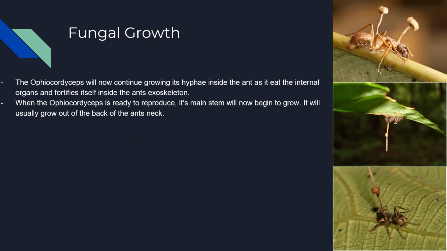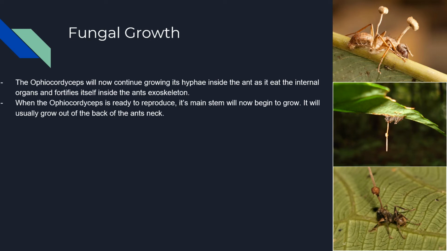The third step is fungal growth. The Ophiocordyceps will now continue growing its hyphae inside the ant as it eats the internal organs and fortifies itself inside the ant's exoskeleton. When the Ophiocordyceps is ready to reproduce, its main stem will begin to grow and it'll usually grow out of the back of the neck of the ant because that is the easiest place to break out of.